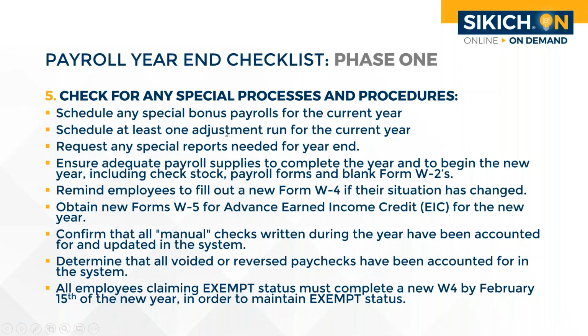Make sure that you're clearing all of those out. You don't want to have an employee's income artificially inflated because you forgot to void a check. And then make sure, and we're going to talk about this later, that any employees claiming exempt status complete a new W-4 form by February 15th of the next year.